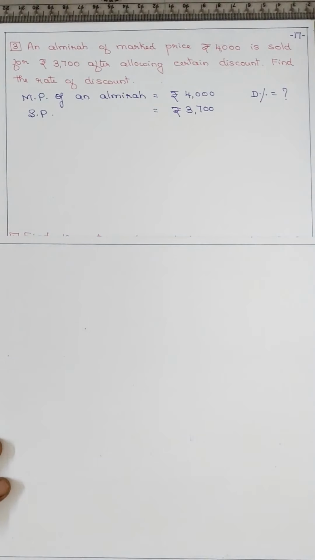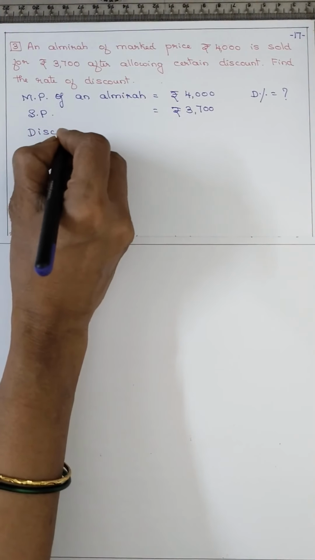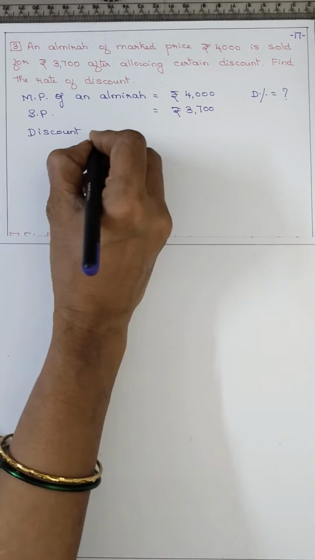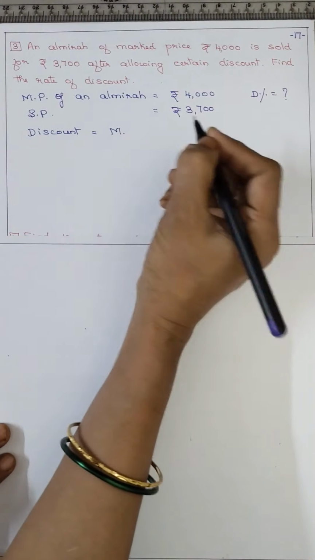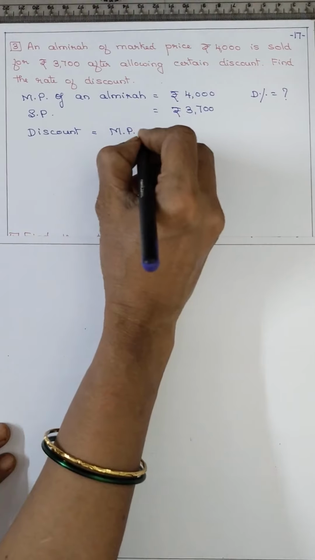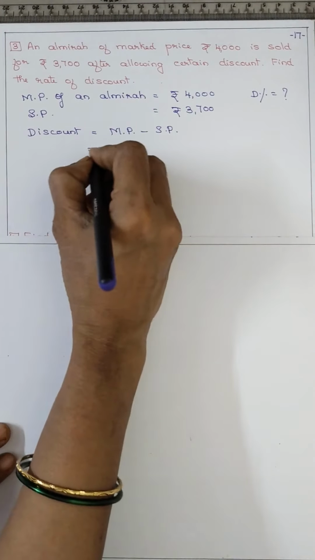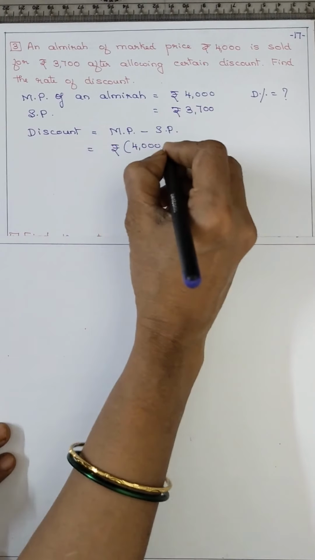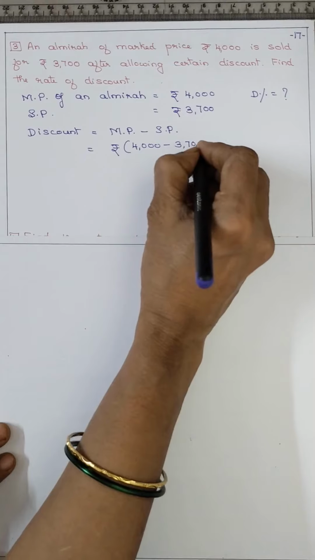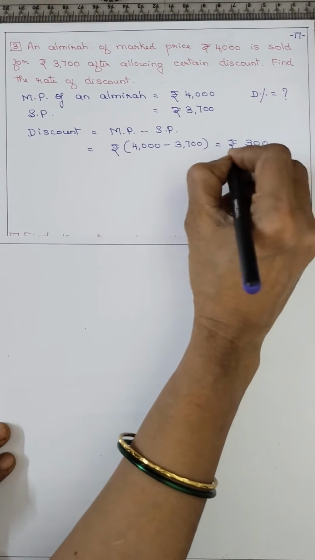How much? So for that, first find out the discount. To find the discount percent, find the discount. What is the formula? MP and SP are given. MP minus SP. So the answer is rupees 4,000 minus 3,700, that is rupees 300.